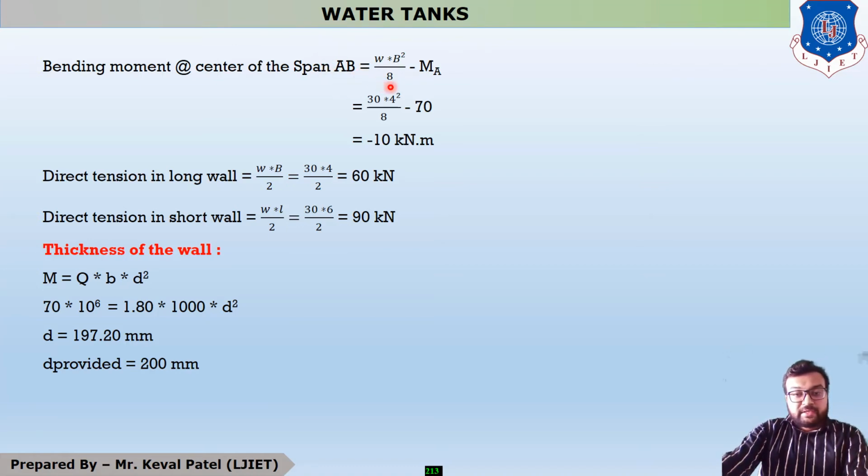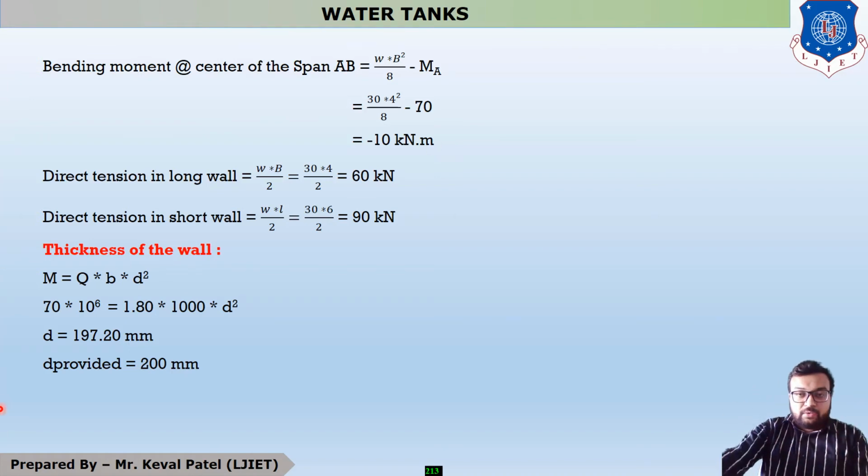So for AD, the calculation remains the same, only changes AD for B. So our bending moment for the short span is minus 10 at the center, minus 10 kilonewton into meter. Now you have three values. At support, the value is 70. At center of long span, it is plus 65, and at the center of the short span, it is minus 10.